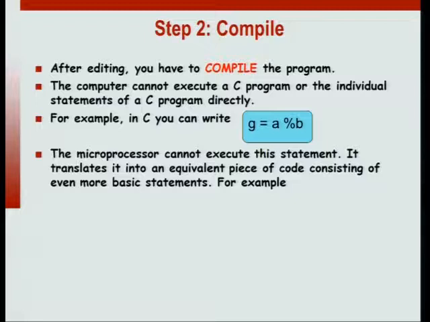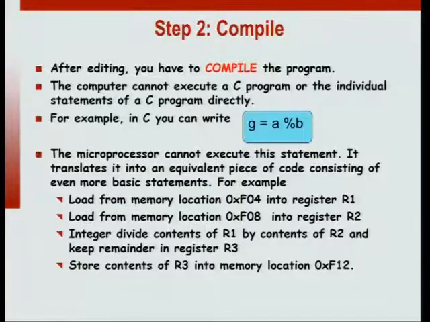So it translates it into an equivalent piece of code consisting of even more basic statements. This is just for the purpose of illustration, and it's not important that you understand exactly what's going on.